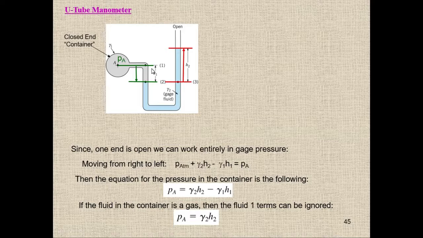Now when we solve the numericals in the next class, it will be easy to understand, but remember the points: for any fluid at the same level, the pressure will be the same, and if you are going up, the pressure will decrease, and if you are going down, the pressure will increase.